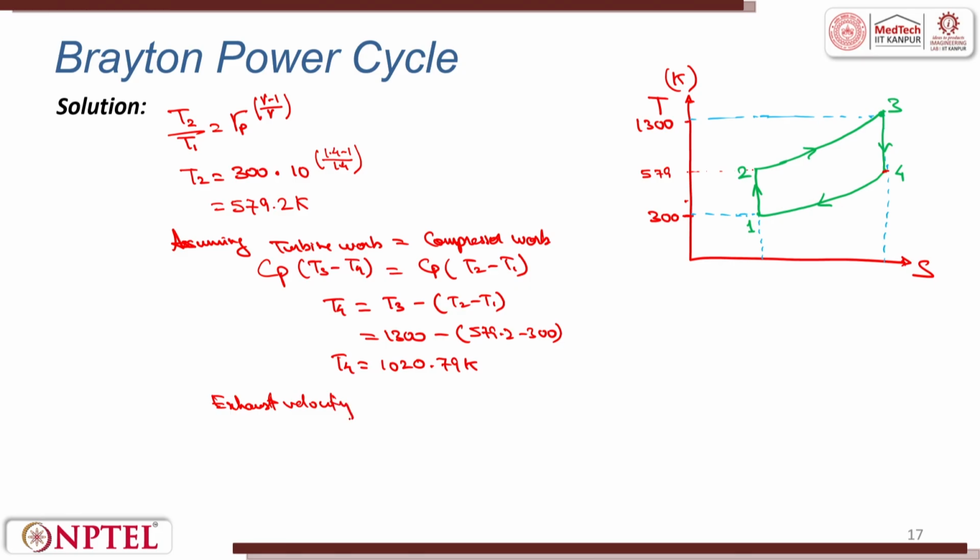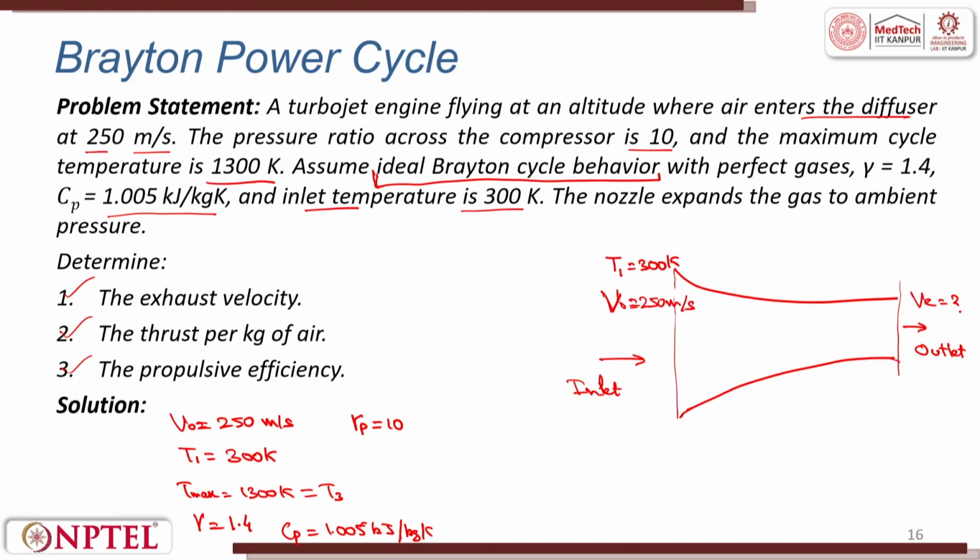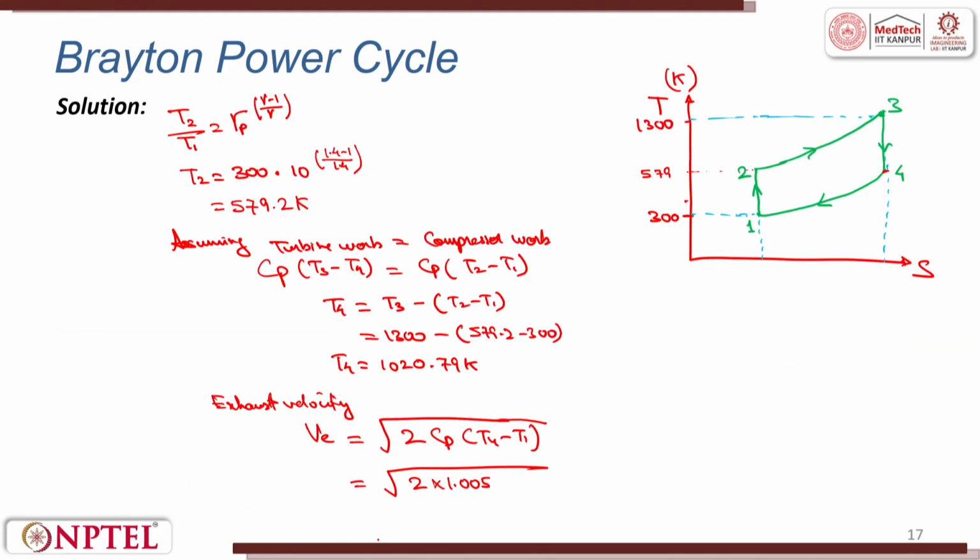Now exhaust velocity, that is Ve is equal to under root 2 Cp into T4 minus T1. So I will put the values here. This is equal to 2 into Cp, that is 1.005 kilojoules. So we need to convert that into joules.